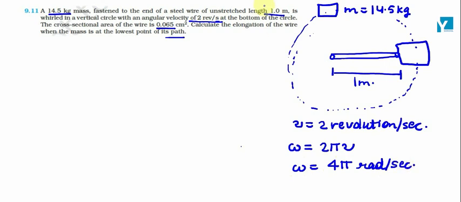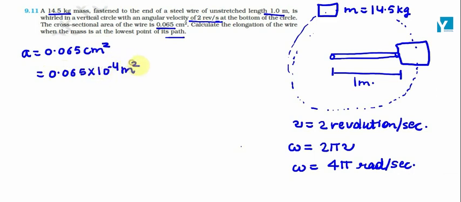Okay, now we are also given that the area of cross section of this wire, A, is 0.065 centimeter square. Further, I can write it as 0.065 into 10 raised to power minus 4 meter square.